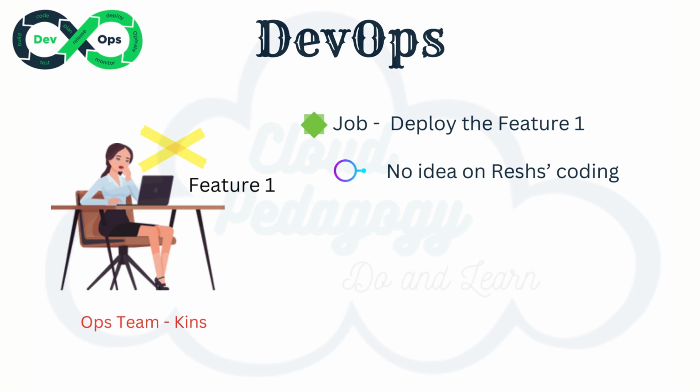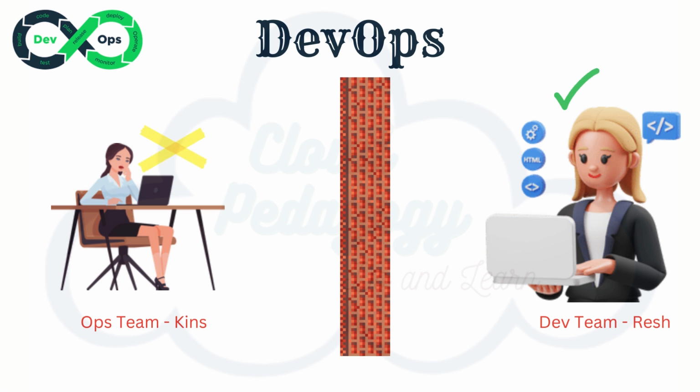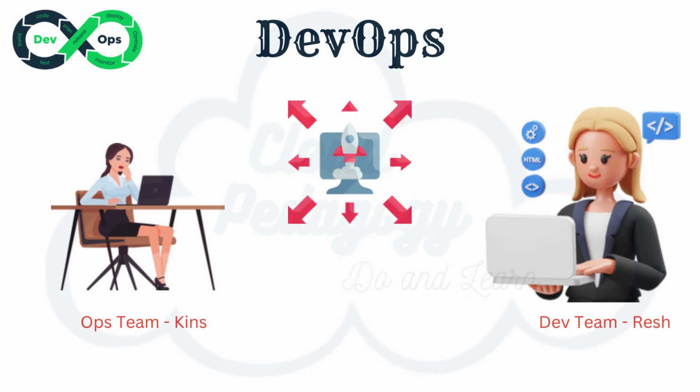And because she doesn't know it as intimately, it takes longer for her to troubleshoot it. It's not fun for Resh either, as she may feel like she is juggling this pending feature as well as the new feature she has to create. They both feel like there is a wall between their two teams. But ultimately, they both want the same thing. They want the code to be deployed with no issues.